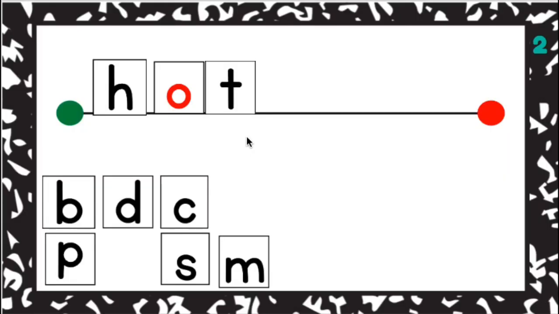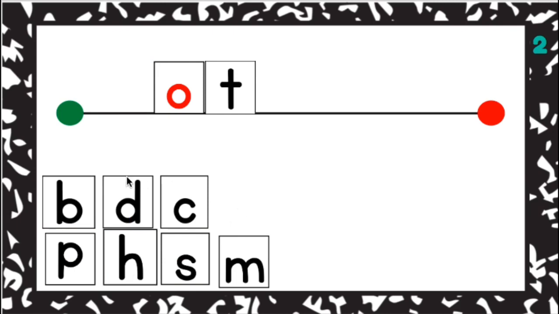Now we're going to change only one sound in this word to make a new word. The new word is pot. P, ah, t. Which sound needs to change? If you guessed the beginning sound, you'd be correct. We need to change the h to a p. So I'm going to move the h sound. Which one of these consonants makes the p sound?